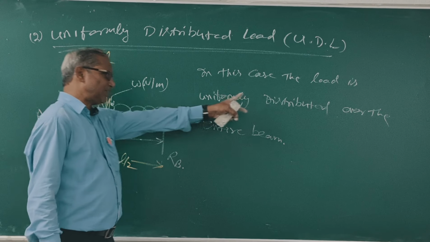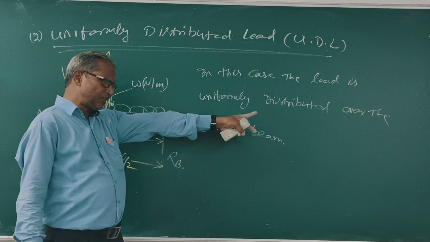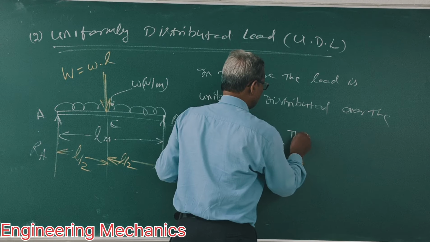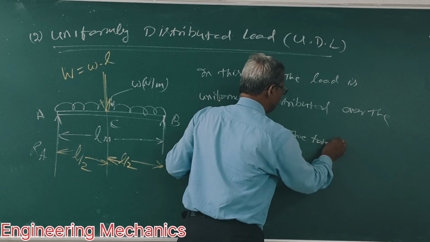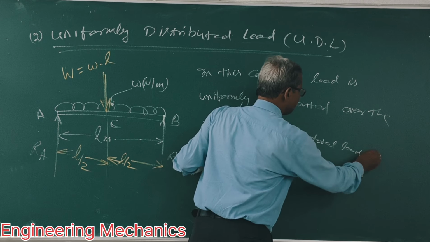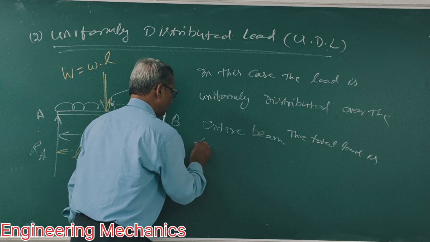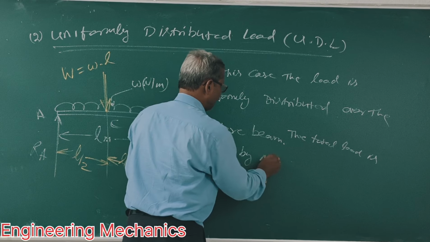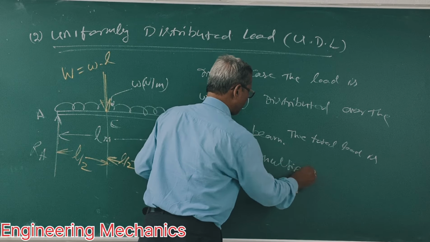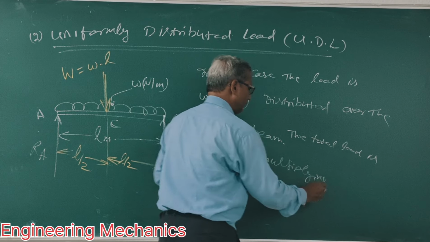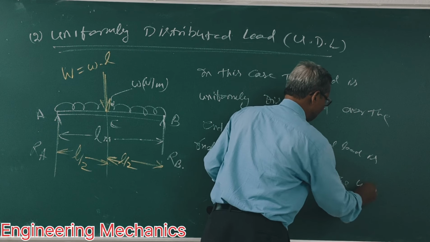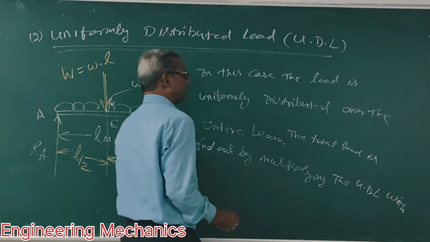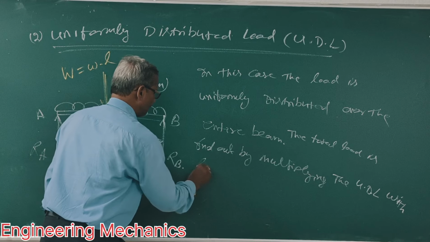Clear? In this case, the load is uniformly distributed over the entire beam. The total load is found by multiplying the UDL with length.